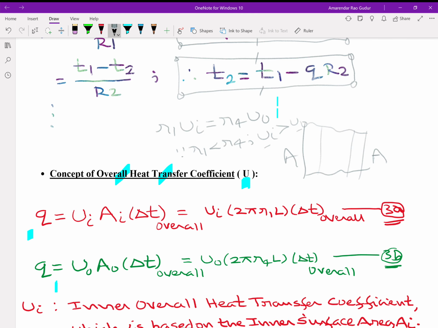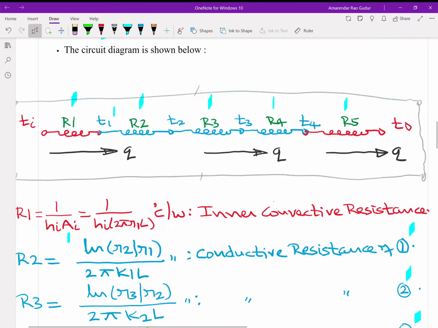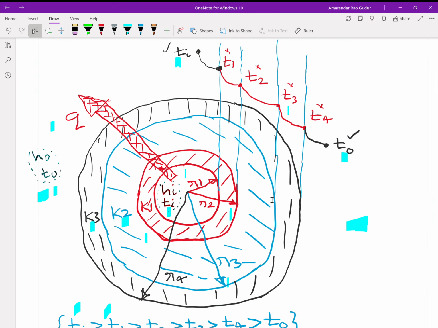And physically speaking, Ui is more than U naught due to the fact that the inner surface area is very less compared to the outer surface area. This area available for inner fluid is very less compared with the area available for the outer fluid. However, both the surfaces must handle the same heat load. If heat transfer rate is some 1.5 kilowatts, both the surfaces will have to handle the same load.